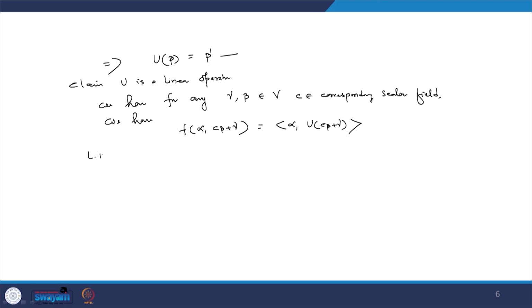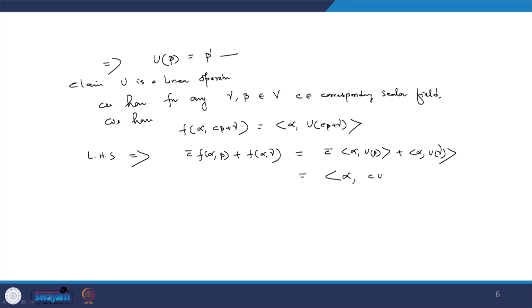So, the left hand side gives c bar f of alpha, beta plus f of alpha, gamma, which is equal to c bar times the inner product of alpha and U beta plus the inner product of alpha and U gamma, which is equal to the inner product of alpha and c U beta plus U of gamma.